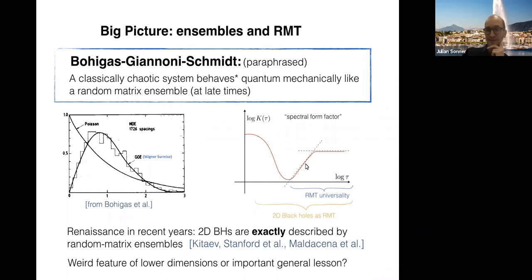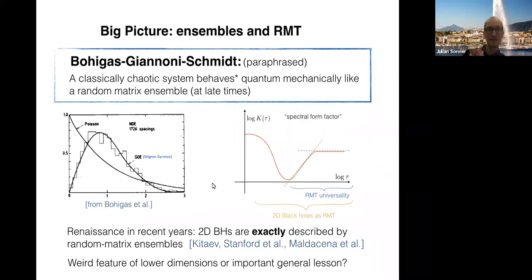Now, this basically reflects the fact that the level spacing distribution of such chaotic systems is supposed to be well approximated by those predicted by random matrix ensembles. So this is what this figure says.